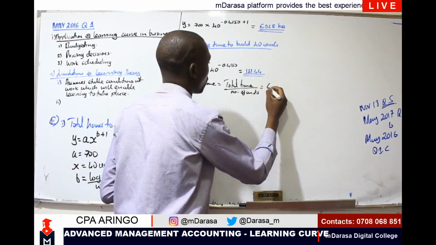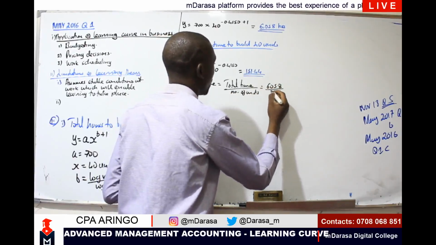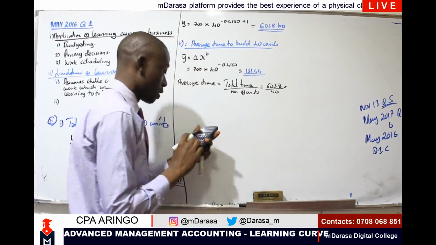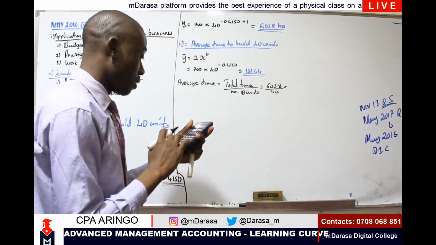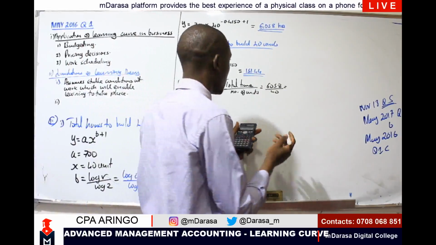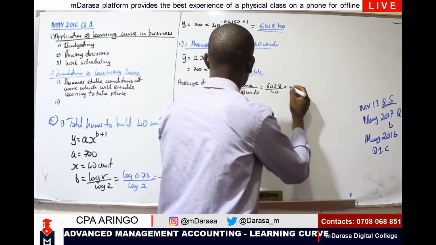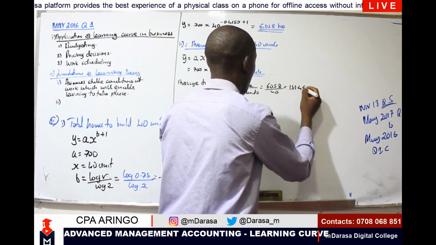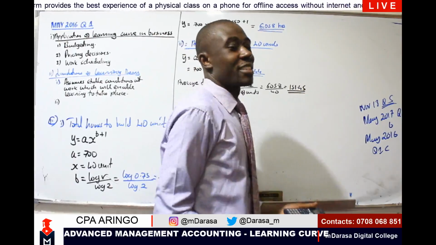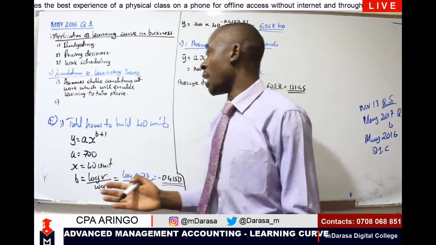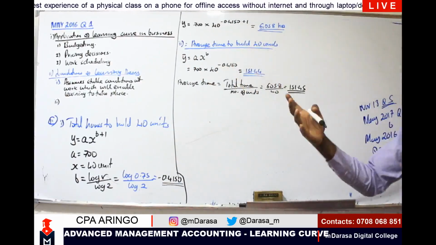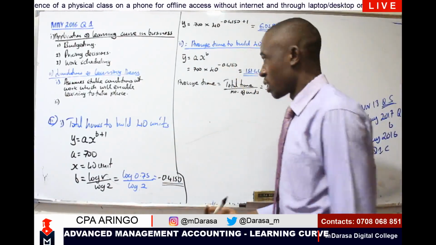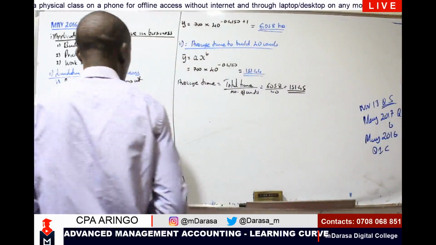We'll be talking of 6058 divided by 40. That should give us the same, 151.45. Same concept. But I wanted us to use the learning curve to enable us to understand the concept.